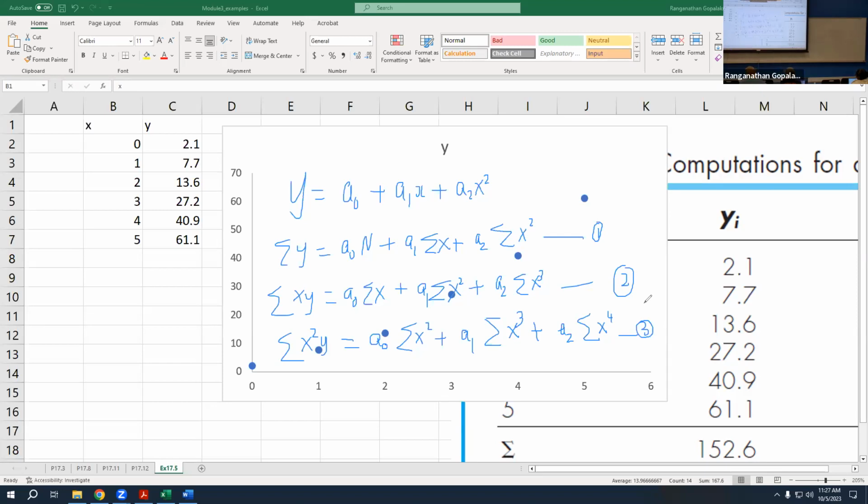That problem could either be a linear regression problem with a transformation like we did last time, or it could be a polynomial regression of this form. So I'm telling you what you can expect. Either something like this or something with a transformation, like last lecture. And the other problem will be on interpolation, which will be only paper based.